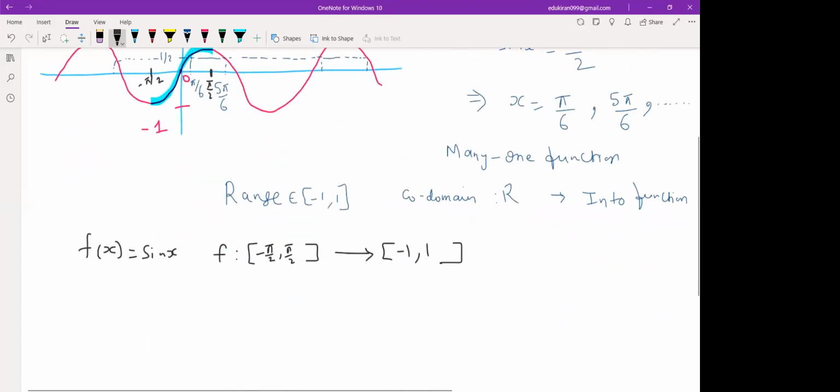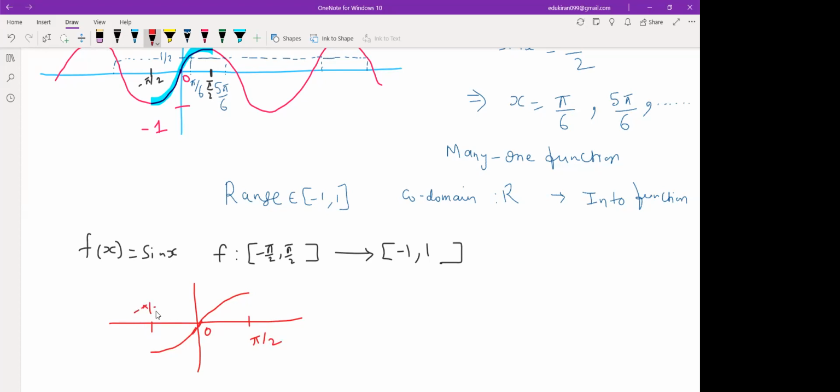When we do this, we select that portion. The graph of sin x is something like this: it goes like this, it goes like this. This is 0, this is pi/2, and this is -pi/2. This value is 1, this value is -1.